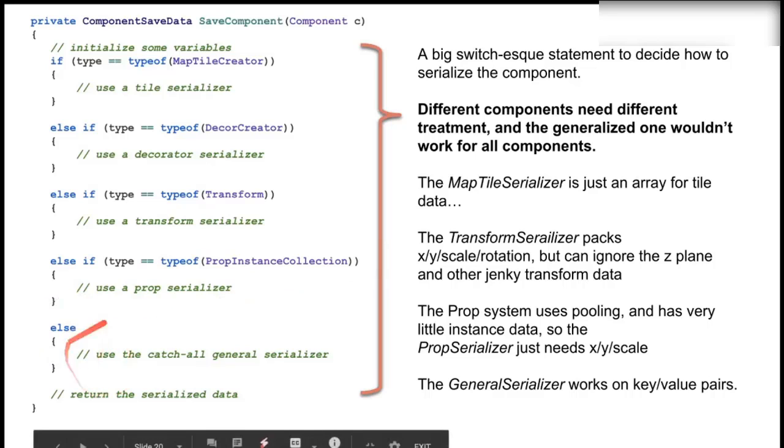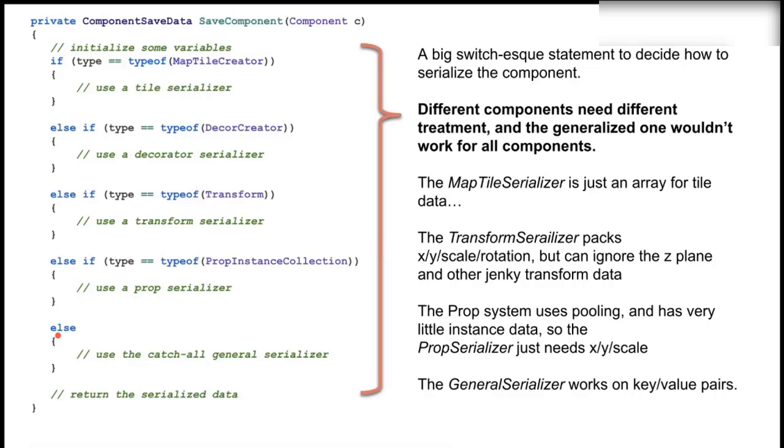Whereas this big else case at the bottom is a big scary one because we need to map over the component and just find the fields that we think are valuable. But if we know that it was a transform, then it's way easier to write the serializer for that, and we do, and it makes it faster.